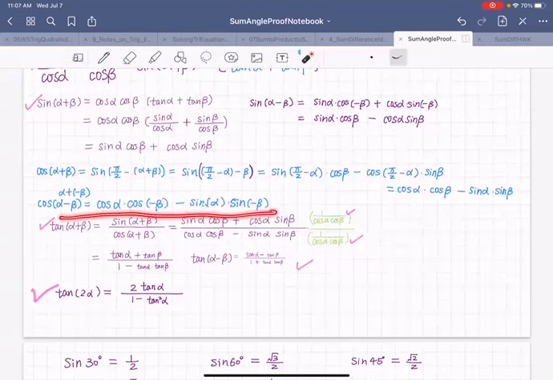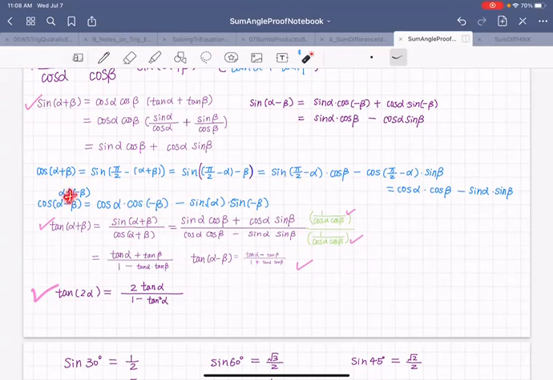Julia, does this equation make sense to you? Okay. Look, alpha plus negative beta. So this is cosine alpha. This is negative beta replacing beta, so negative beta. You treat this as another angle, right?